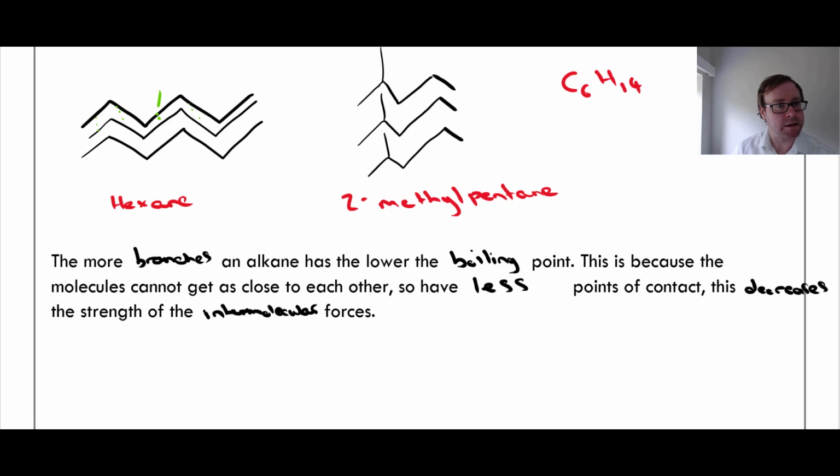Okay, so between here, for example, we could say lots of points of contact, but in my branched chain alkane there may be less points of contact.